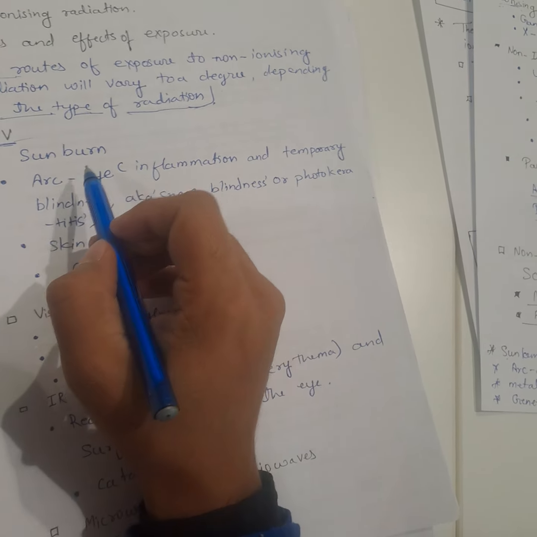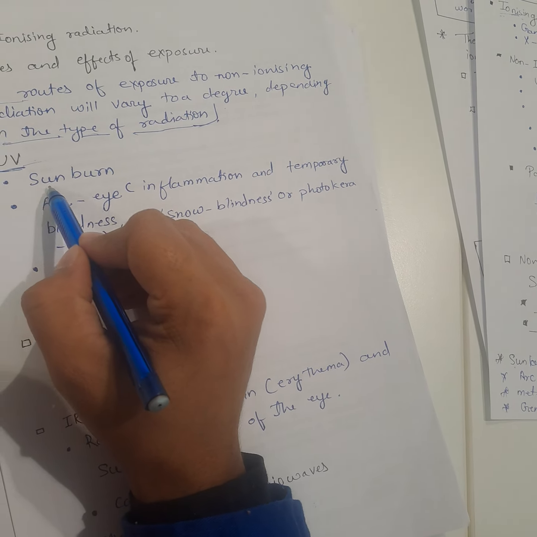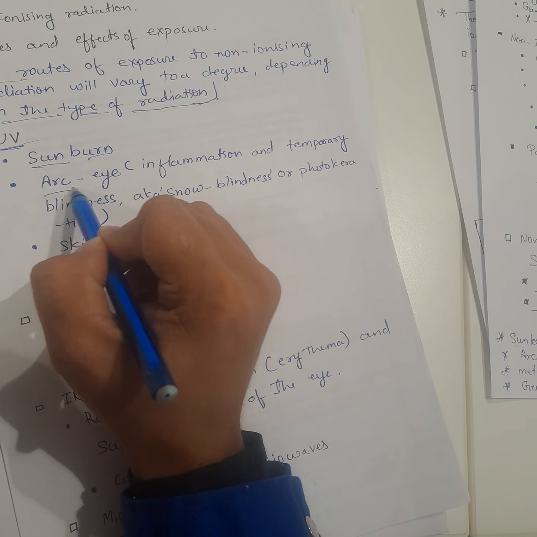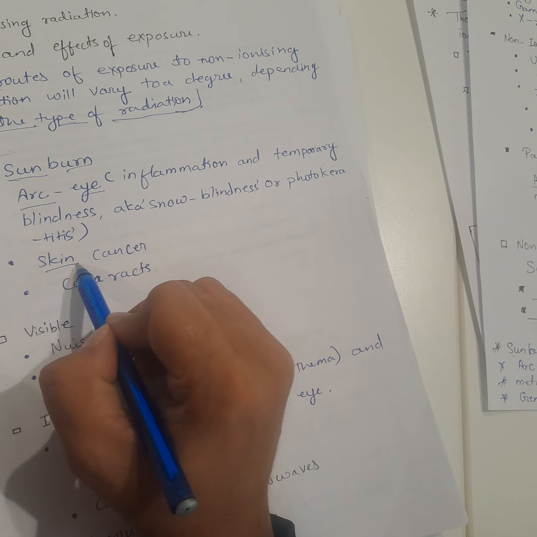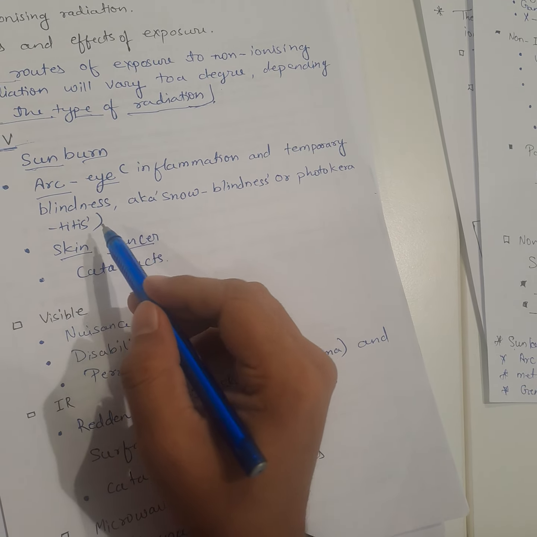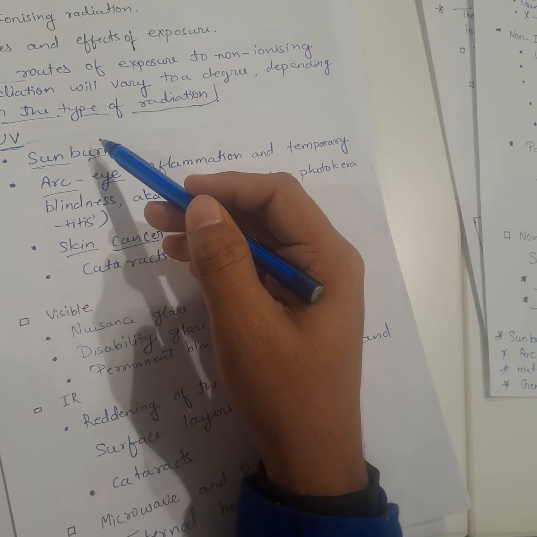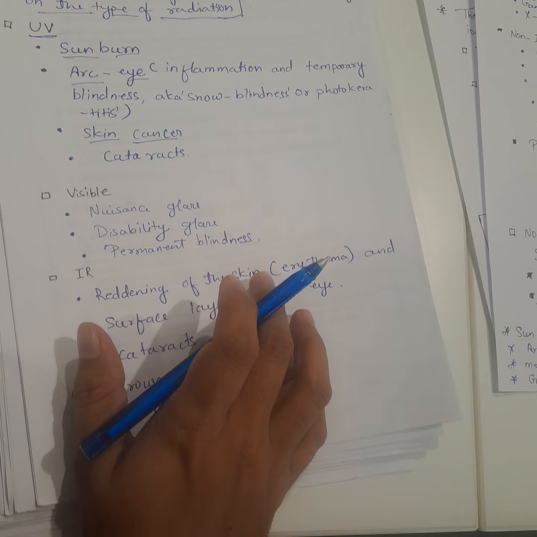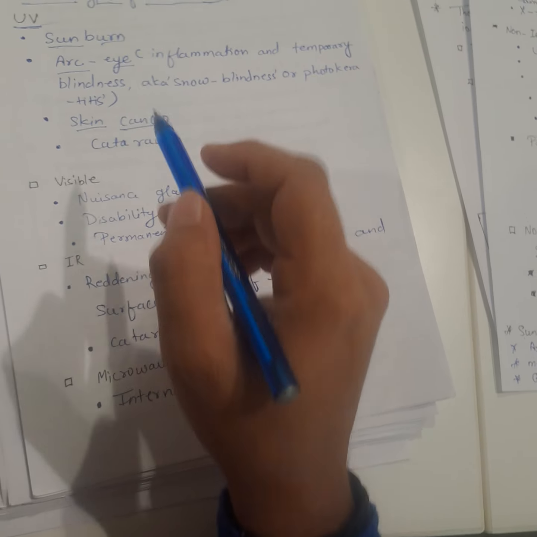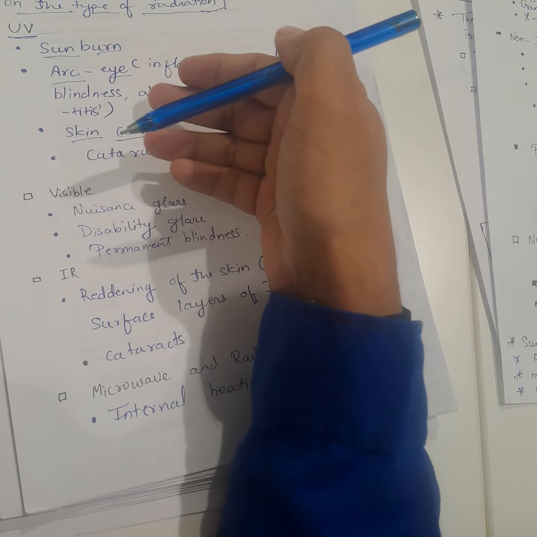What are the effects? Due to ultraviolet rays, sunburn, arc eye, and skin cancer. These are examples of ultraviolet ray hazards for a worker who is working directly in the summer season, where there is a chance of all these hazards.